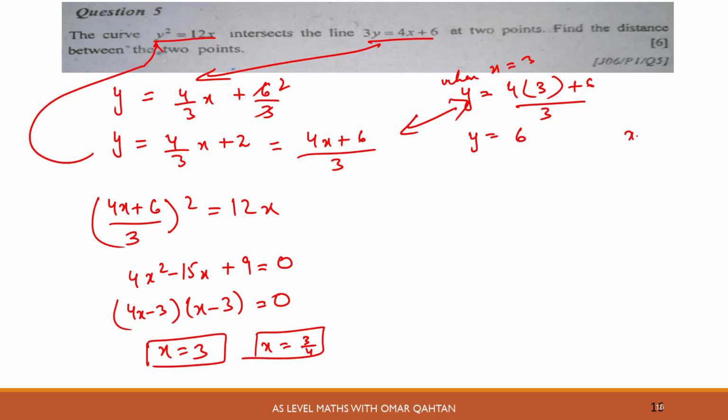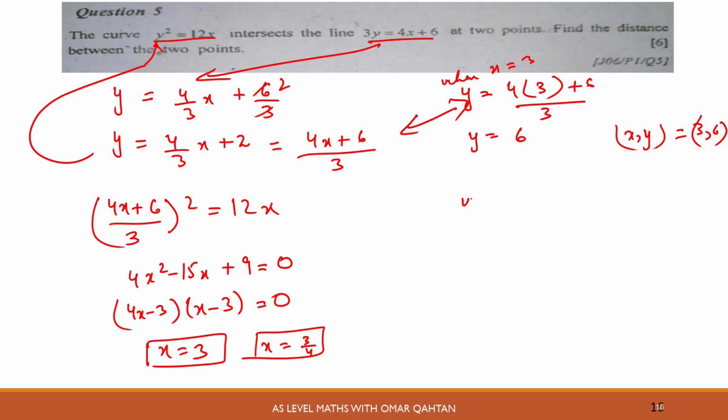So I will write this coordinate like this: x comma y is equal to 3 comma 6. That's very important. Sometimes students make many mistakes, like substituting the value of x from some other coordinate and matching it up with some other coordinate. That would definitely make a big mistake. So you need to be cautious while doing this.